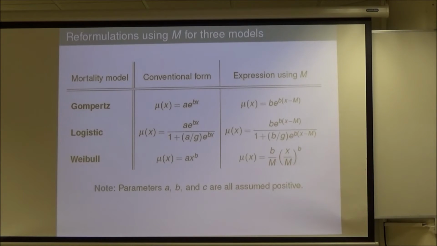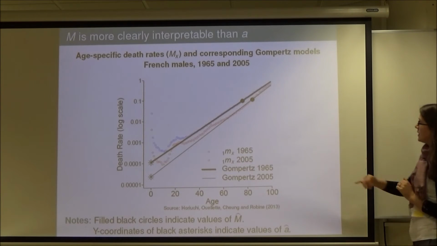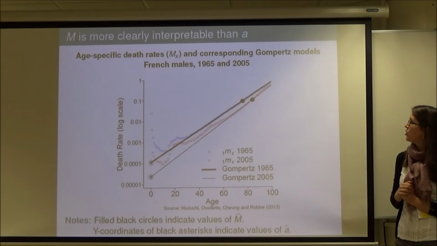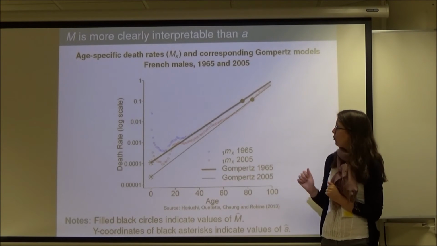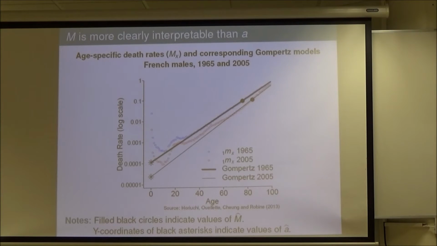I'm illustrating that. I have 2 slides left. So for instance, in this figure, we fitted the Gompertz model to death rates in 1965 and 2005. This is still French data for males. We fitted the models from age 60 to age 90.